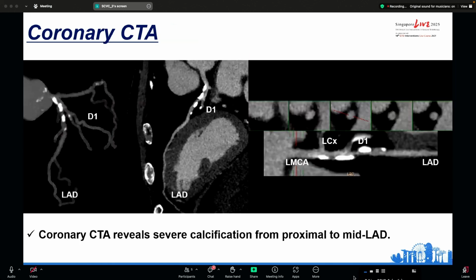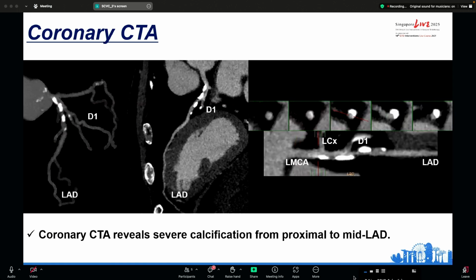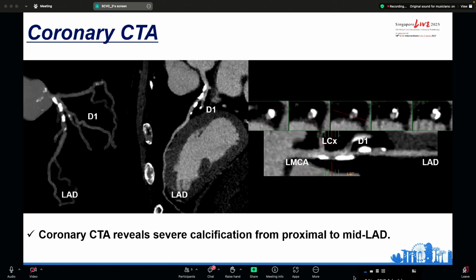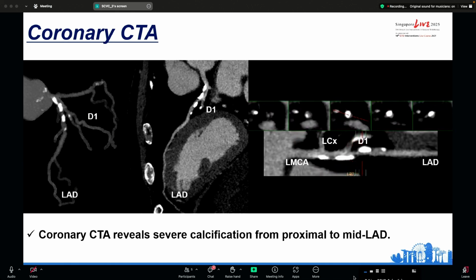This is the coronary CT angiography, and it reveals severe calcification from proximal to mid-LAD. As you can see, a concentric calcified lesion is observed proximal to the LAD, while a severe calcified lesion is identified contralateral to the diagonal branch.